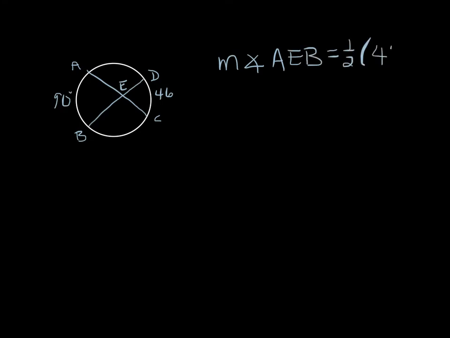Let's look at one more example. If we have these two chords, AC and BD, and we know that the measure of arc DC is 46 degrees and the measure of arc AB is, say, 90 degrees, we can find the measure of, let's give this a letter E, the measure of angle AEB is 1/2 of 46 plus 90.